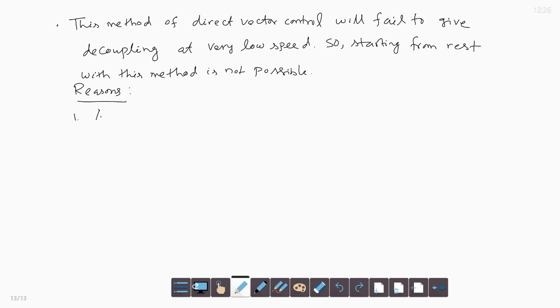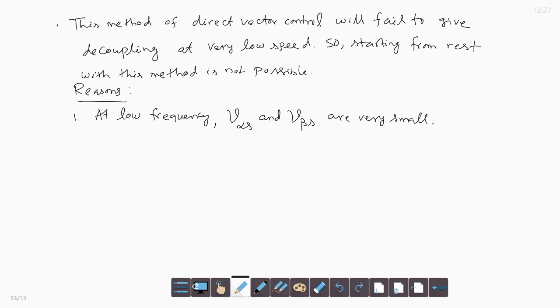At low frequency, or low speed means low frequency, the V alpha s and V beta s voltage components are very small. You can apply the same logic you applied in the V by f control.